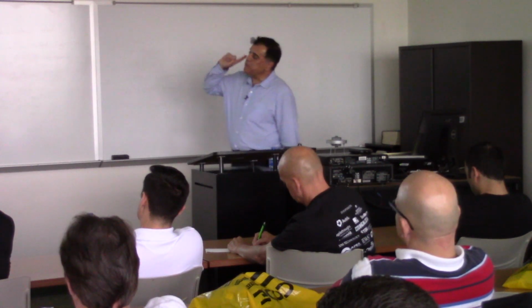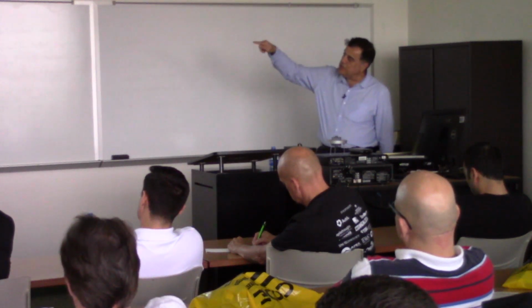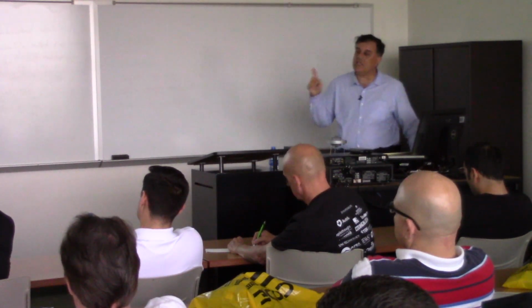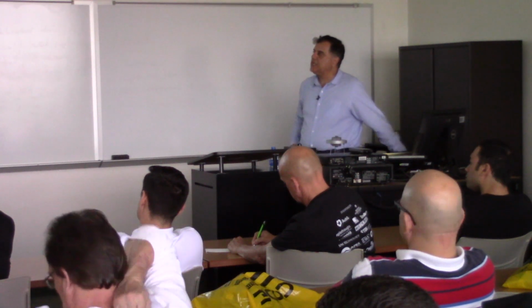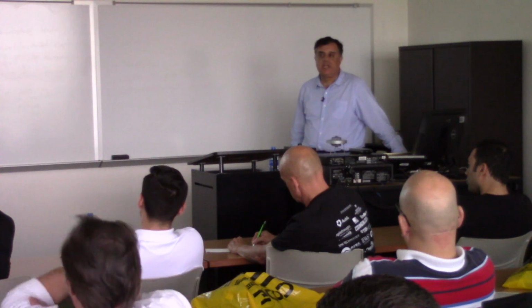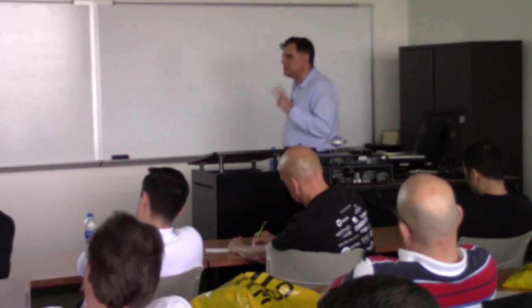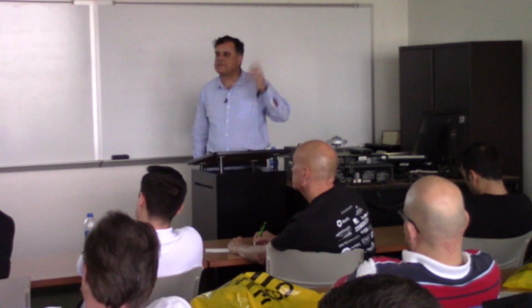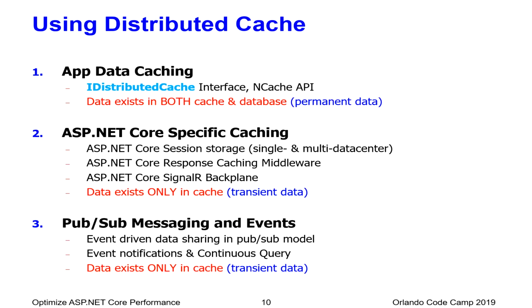Now, keep in mind, with application data caching, the nature of the problem is that the data exists in two places, the cache and the database. And whenever data exists in two places, what could go wrong? Sequencing? Yeah. So the data could get out of sync.